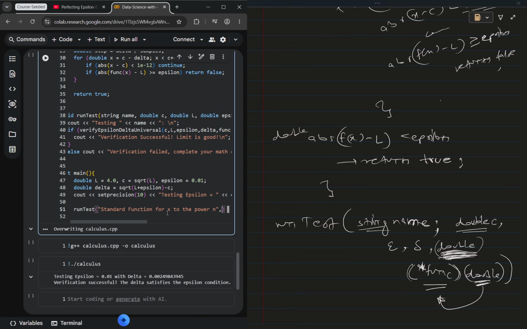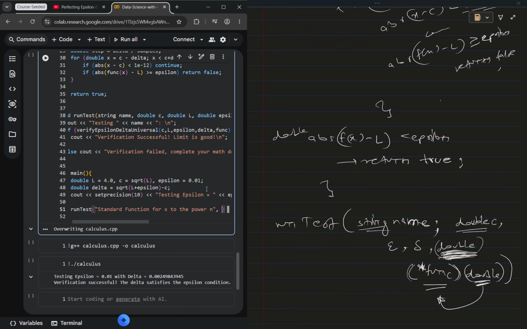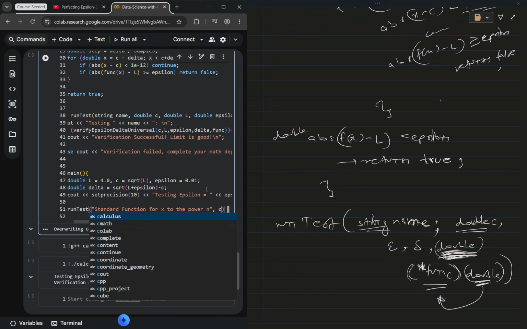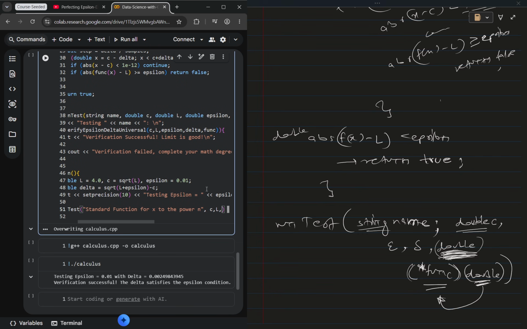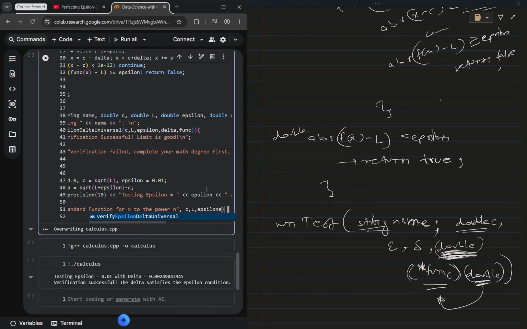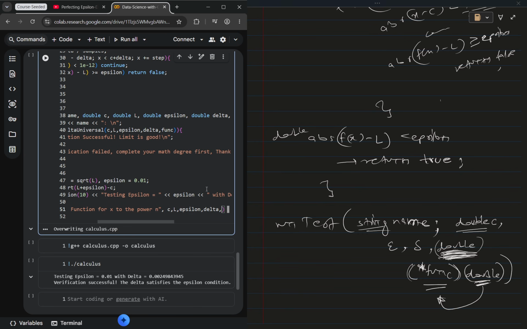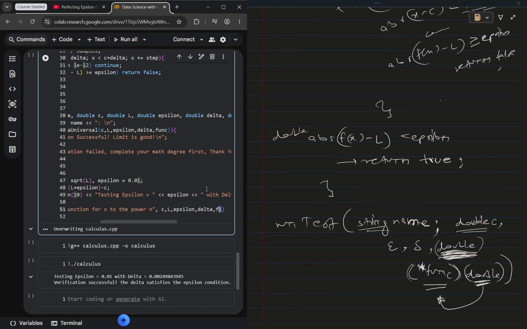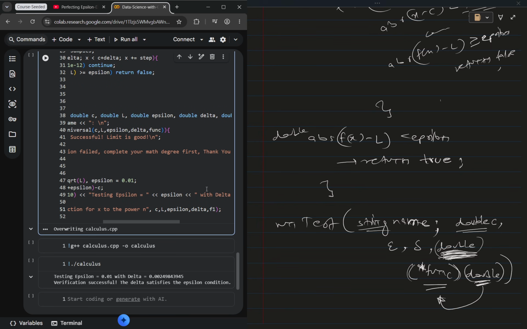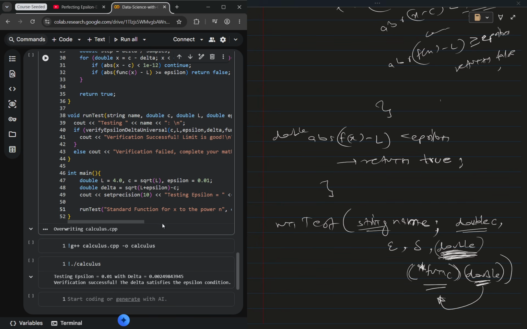And then we have to pass everything. So I'll be copying everything like C, L, epsilon, delta and all. So we'll be just doing C, L, epsilon, delta. And we also have F1 over here. For the standard function, we have this F1. I think I should name them standard and all, but let's not worry that much about them.